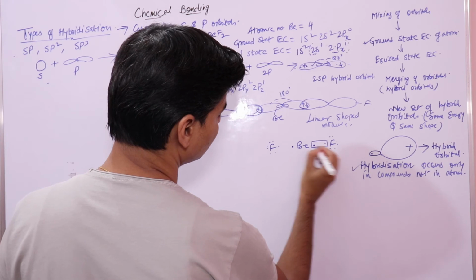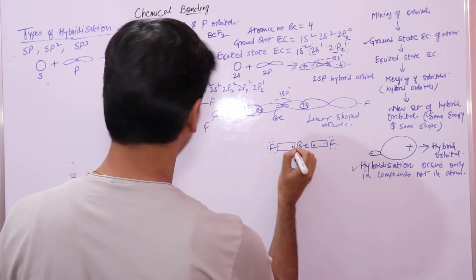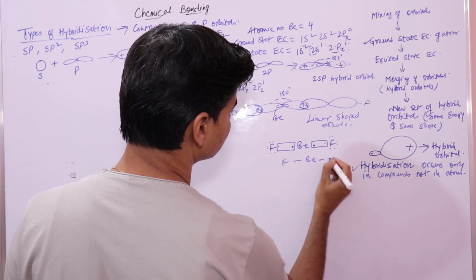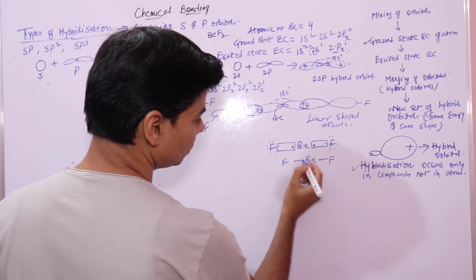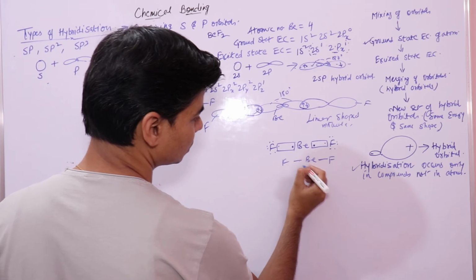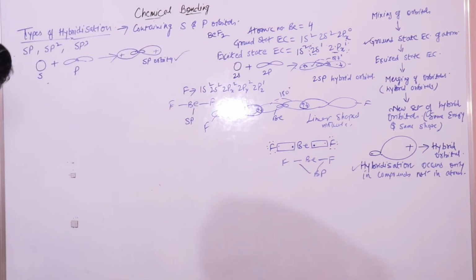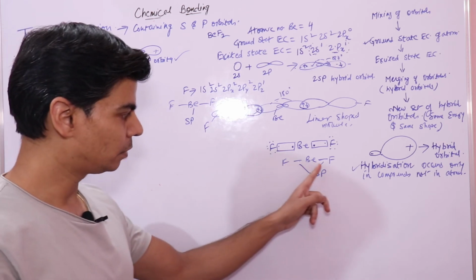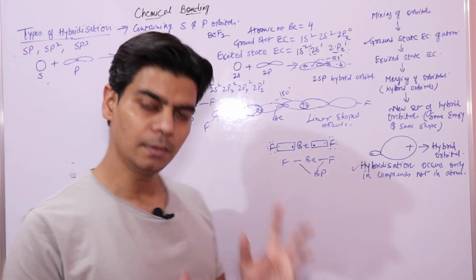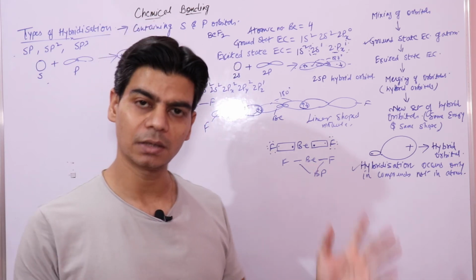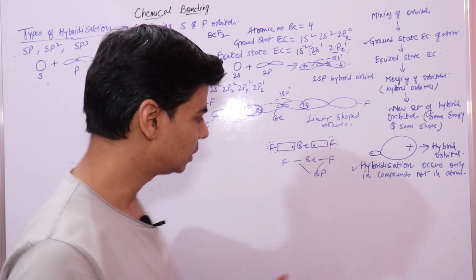So this is how sharing of 1 electron will take place, right? And a molecule is formed like this, right? So these are two bond pairs of electrons, and as per VSEPR theory, these two bond pairs of electrons will repel one another, right? And will try to move as far apart as possible from one another, right?